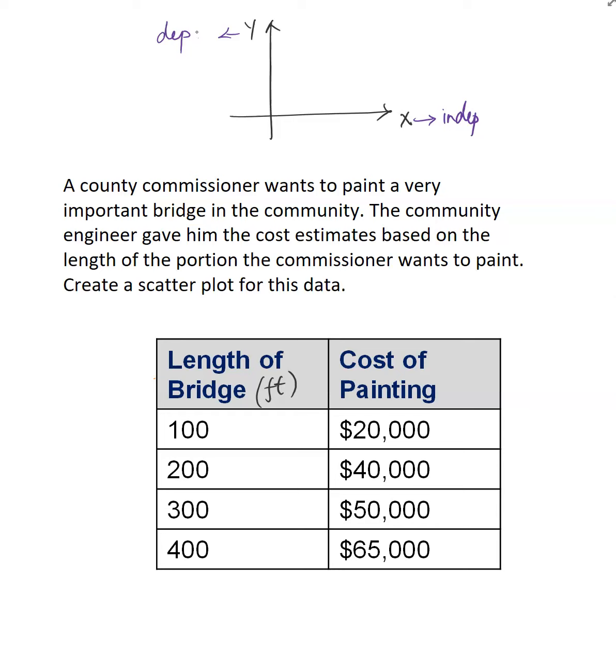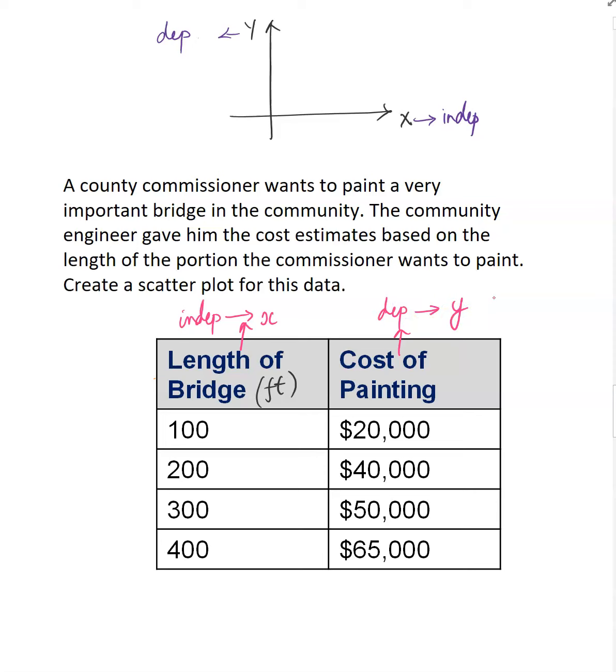The length defines the cost. Therefore, the cost actually depends on the length. So reasoning out like that, we can see that the length of the bridge must definitely be our independent variable, and the cost of the painting should be your dependent variable, which is Y.